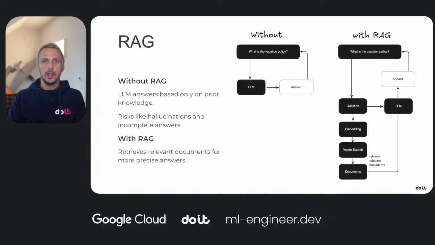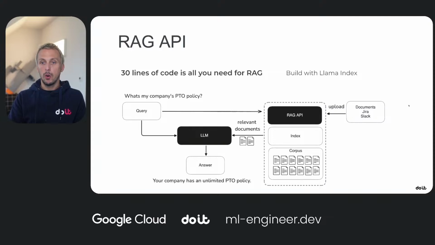And with that, let us go into the RAG API and how this actually looks. In the background, invisible to us, Google's RAG API is doing quite a few steps. It creates a vector index for us. For all the documents which we can upload to this API, it's creating embeddings and storing them in the vector database.